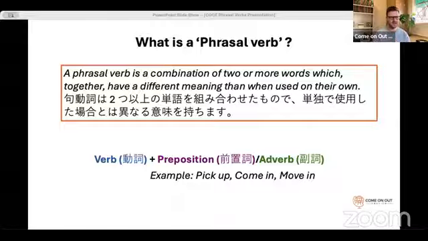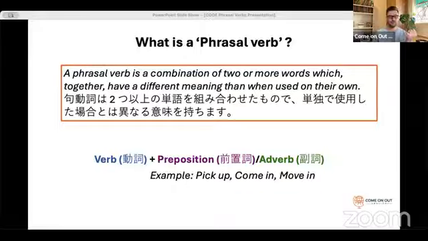For example, if we look at the first one, pick up, like I pick up my child from school. Pick, doshi, verb, and up, preposition, zenchishi. Doshi and zenchishi. Or for example, come in.